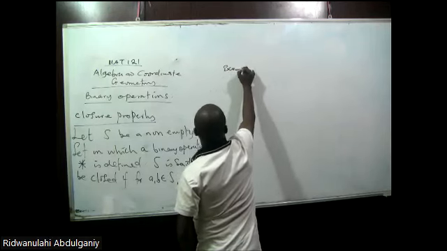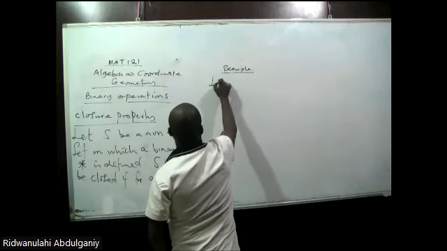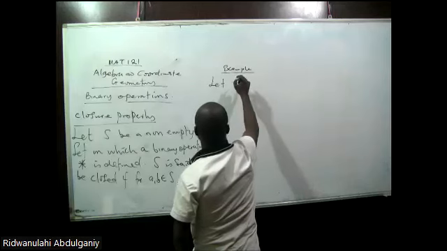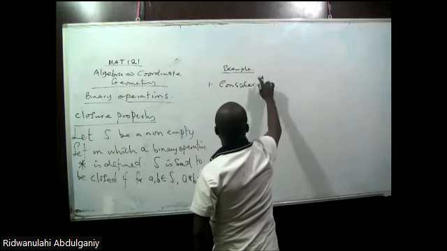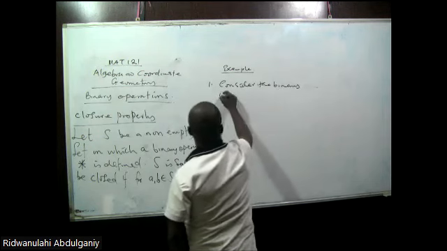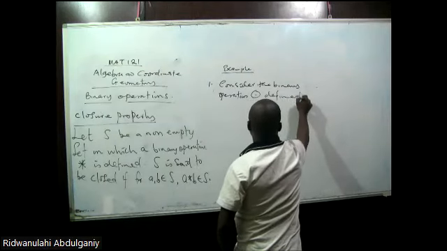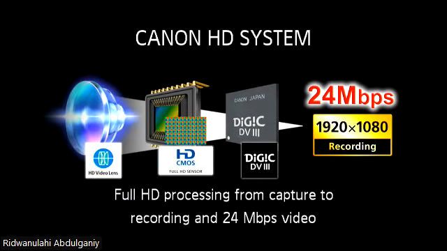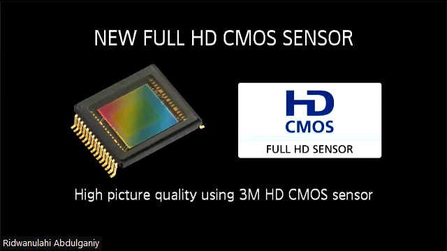So let's take an example. Number 1, consider the binary operation, dotted circle, defined on the set of integers by P operation Q equals P plus Q minus PQ.